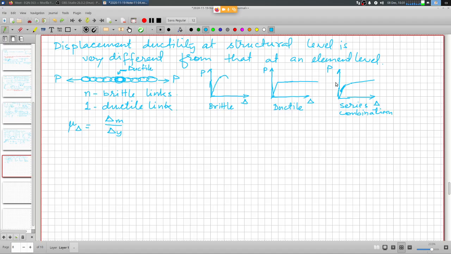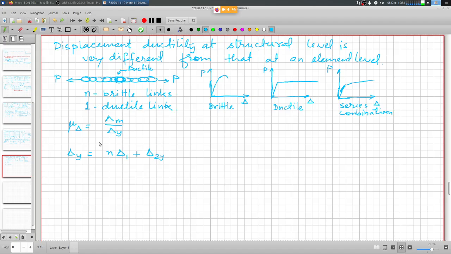So when we look at that, at the yield level, the total displacement becomes delta y is equal to n times delta 1 plus delta 2y.